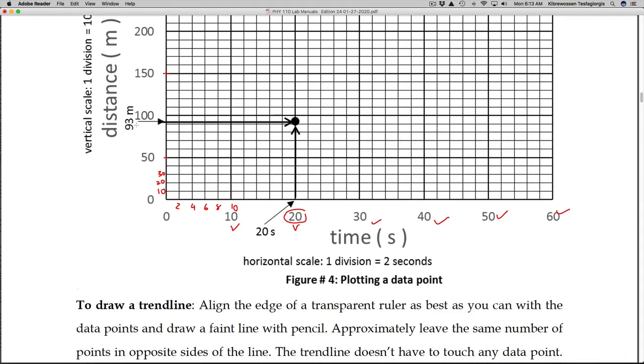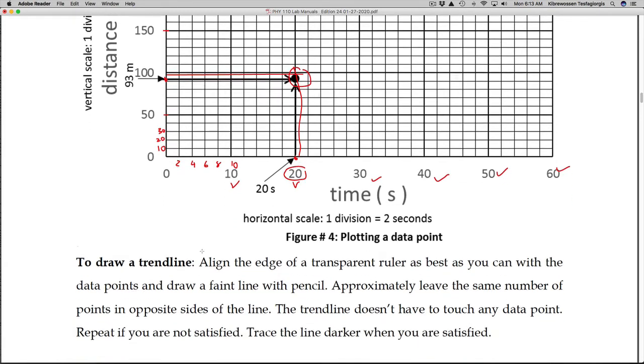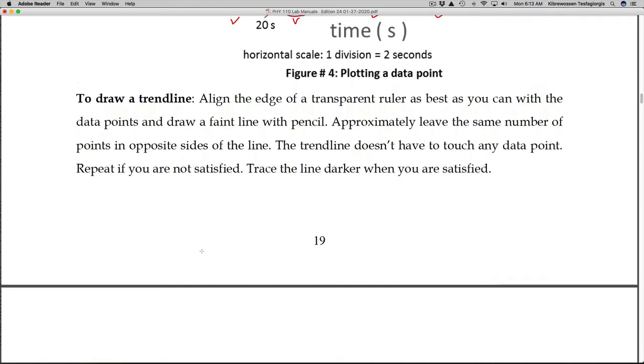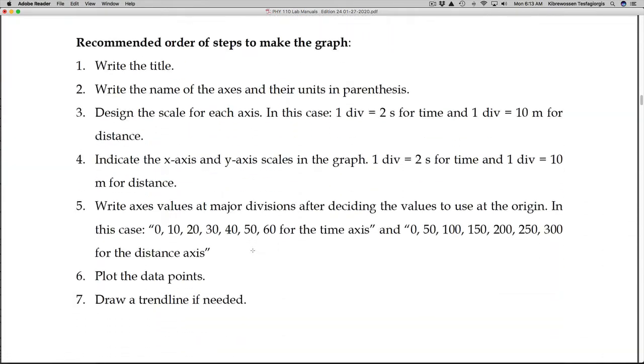In this case, you locate 20 and mark it here, then 93 and mark it here, and then you draw a horizontal line like this and a vertical line like this for 20, and the point where those two meet is your first data point. Likewise, you keep on doing this for the rest of your data pairings.